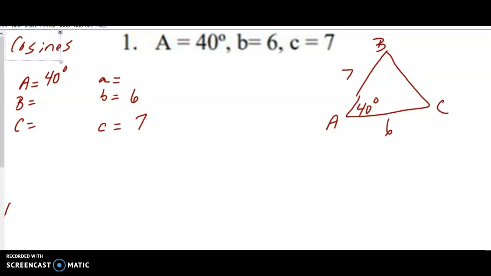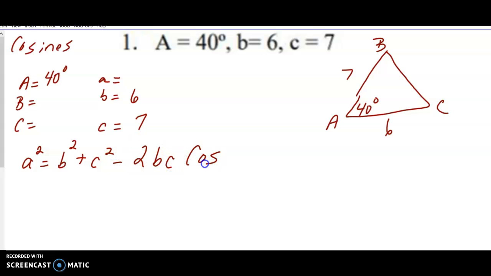So using our law of cosines, since the only angle we have is the angle of 40 degrees, and the formula for your law of cosines only involves one angle, we're going to set it up starting with A squared equals B squared plus C squared minus 2BC cosine of angle A, because that's the only angle we have.